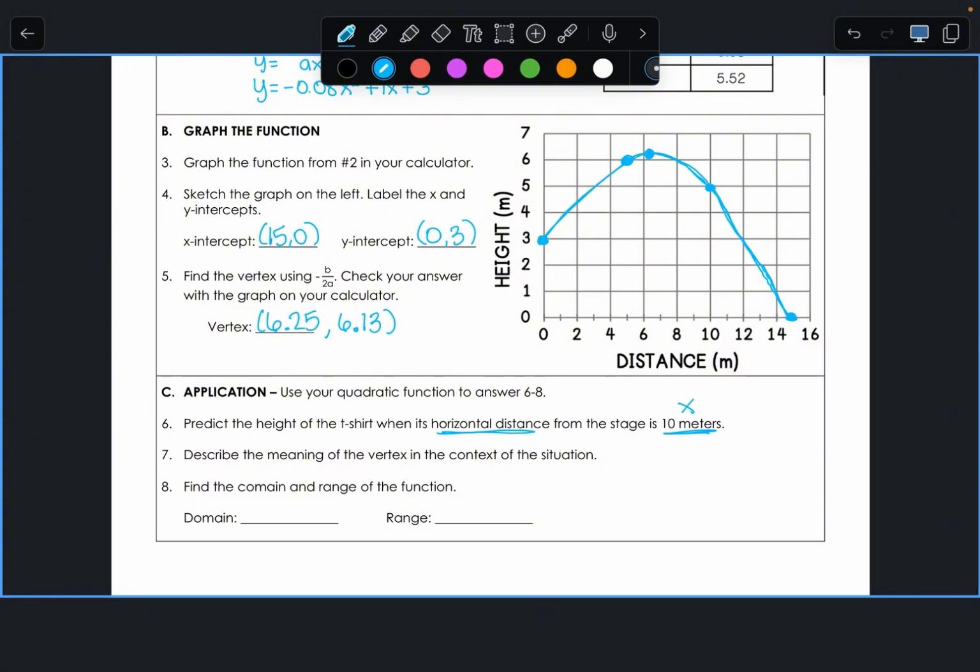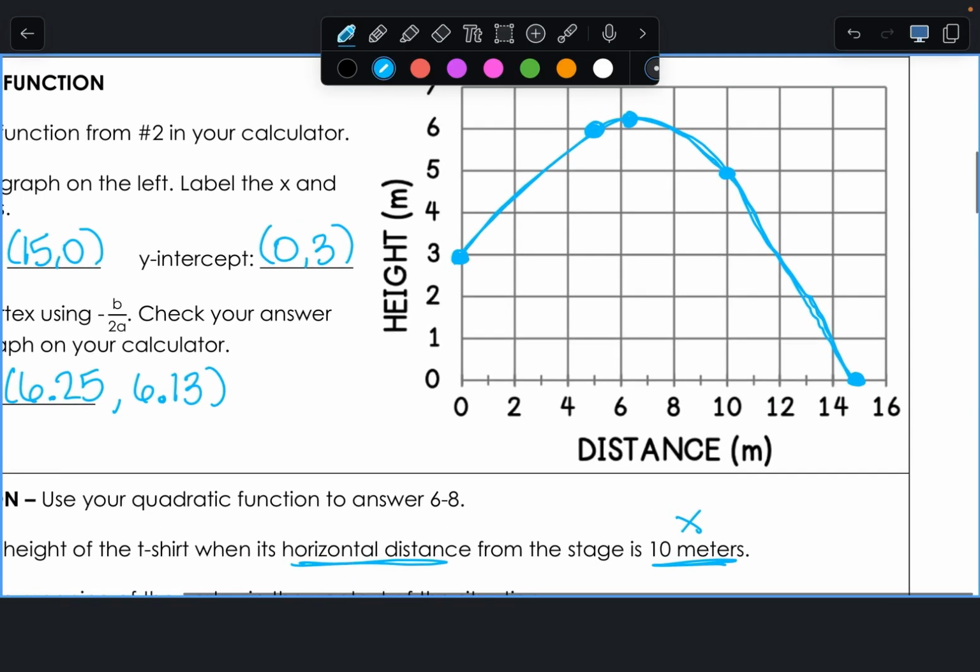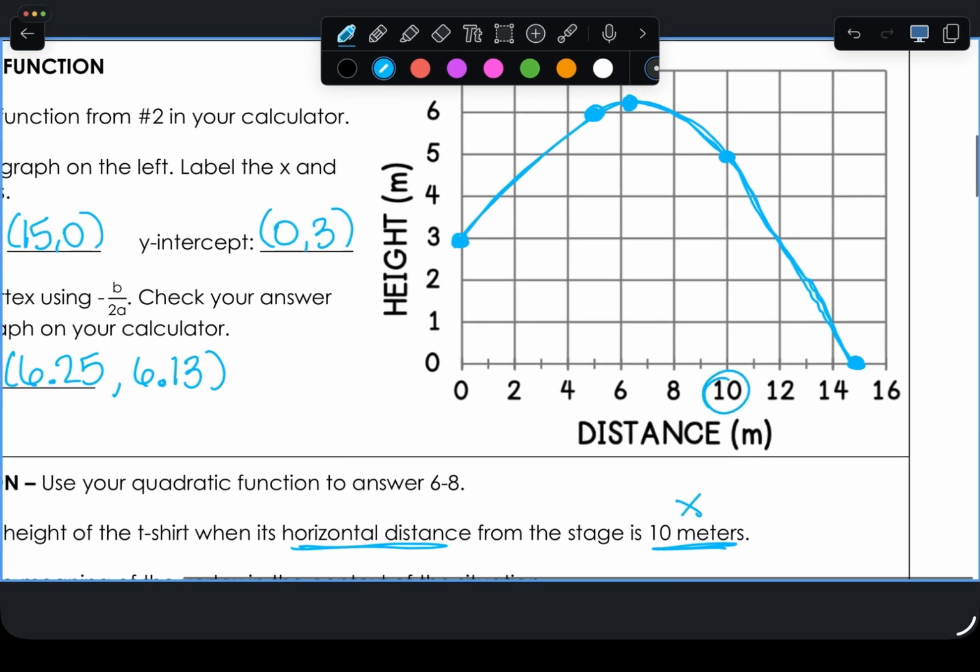So if we use our graph, find that 10, what would my Y value be? 5. We're talking about this point. So 5 what? Meters. That would be the height. Height is 5 meters.